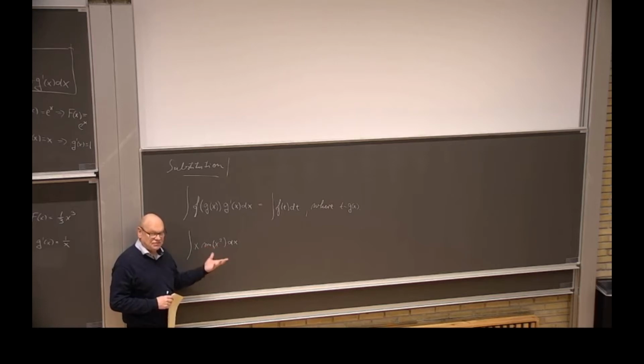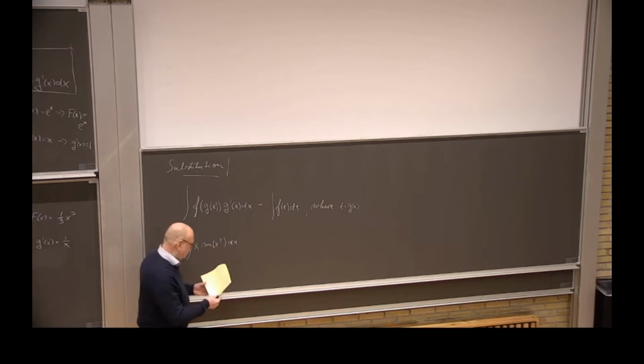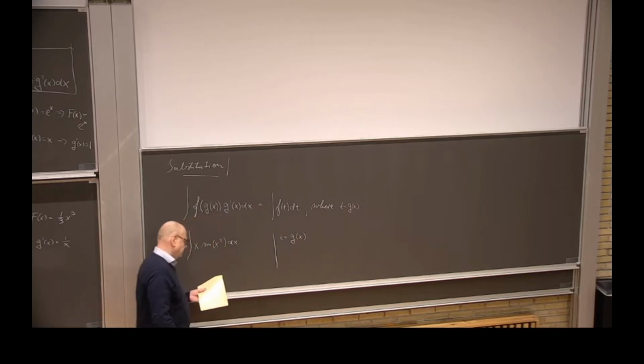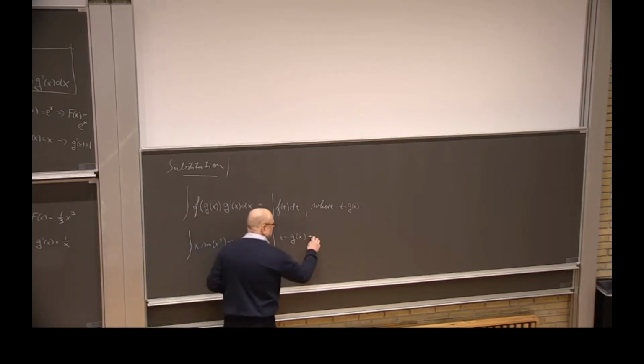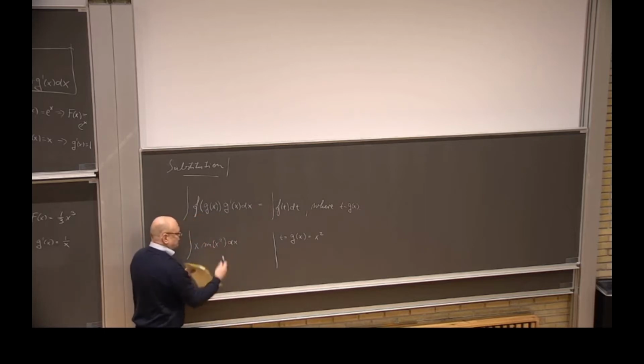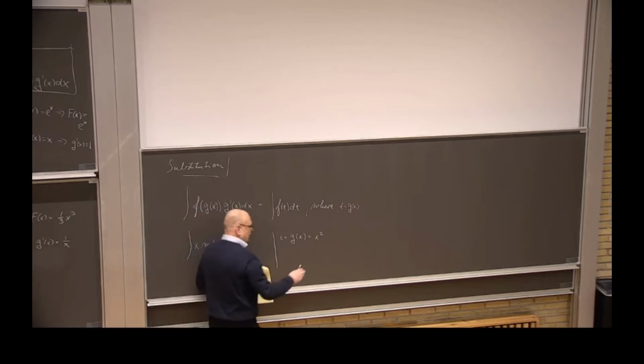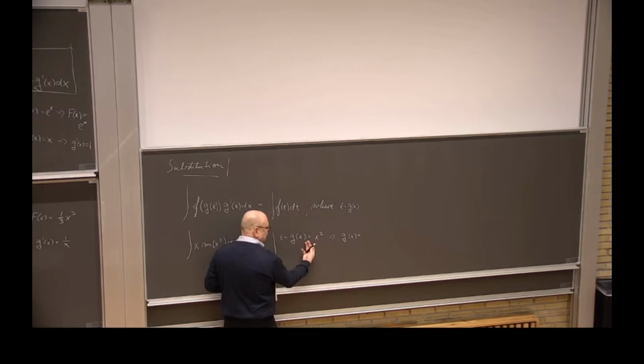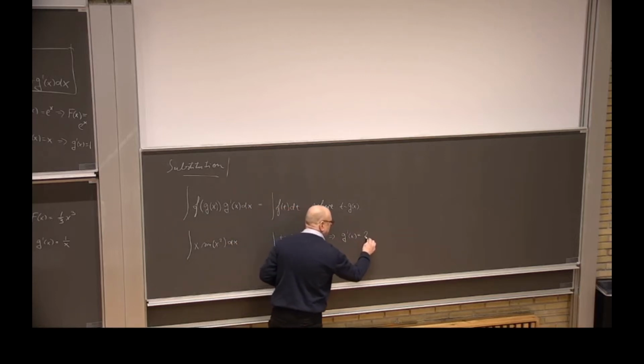So let's see if this actually works. So I put t equal to g of x, which is then x squared. So this is the inner function. And the derivative of this is 2x.